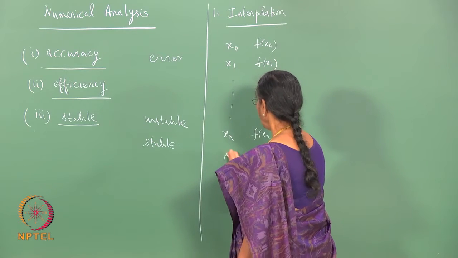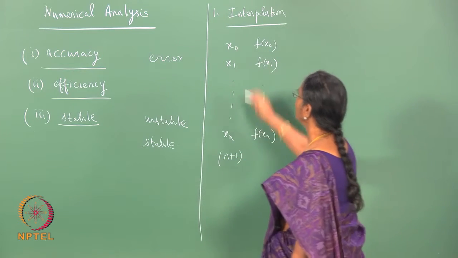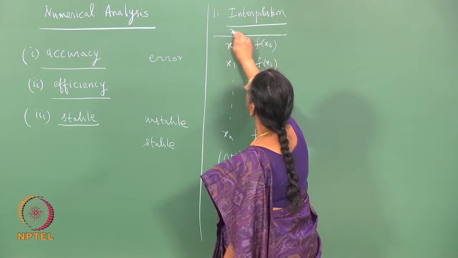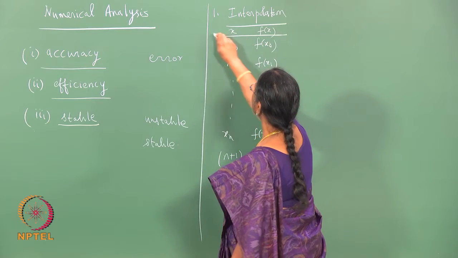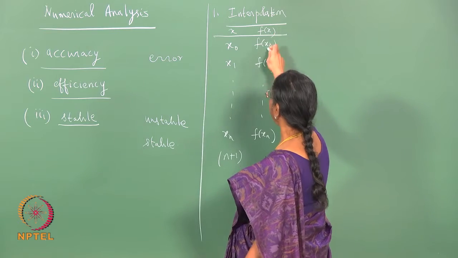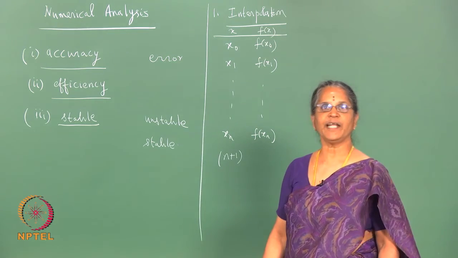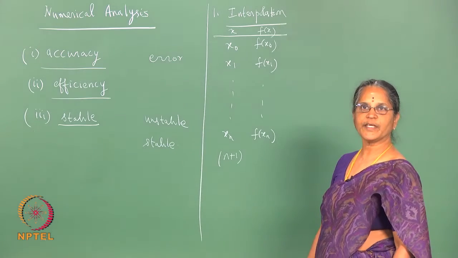So, you are given n plus 1 points and the corresponding values of the function. So, x is an independent variable and f of x is a dependent variable depending on x, whose values are known at a set of n plus 1 discrete points.